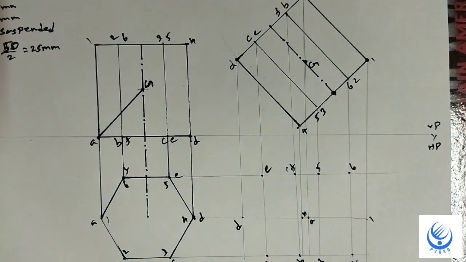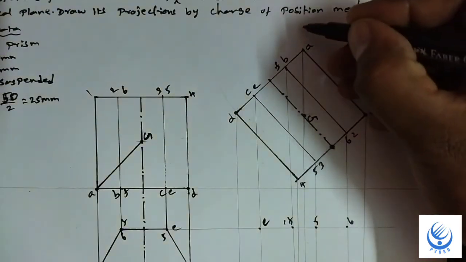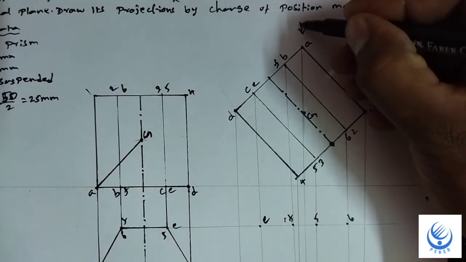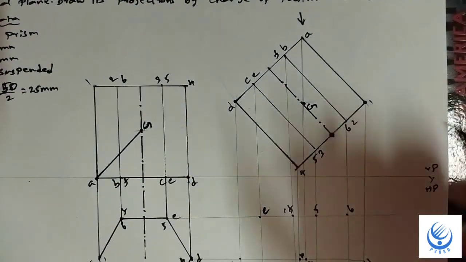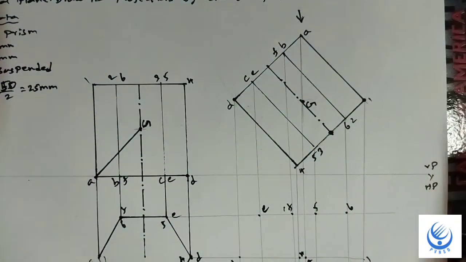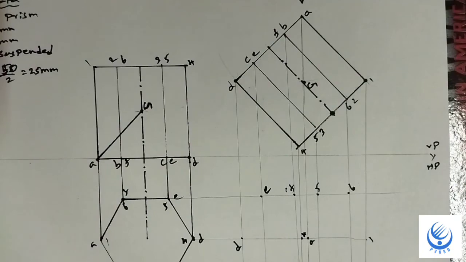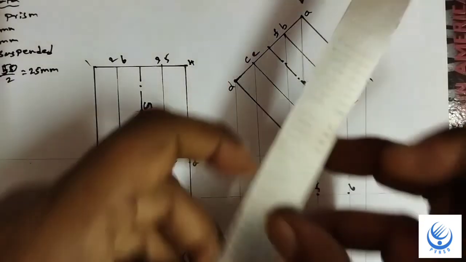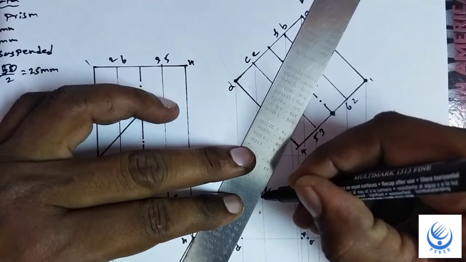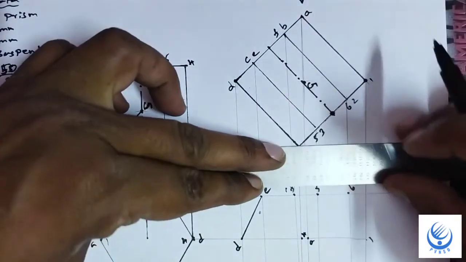Just assume the top view: ABCD is fully visible, so join these lines as full visible lines.